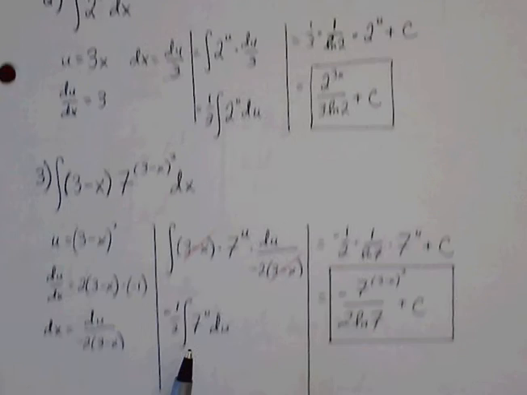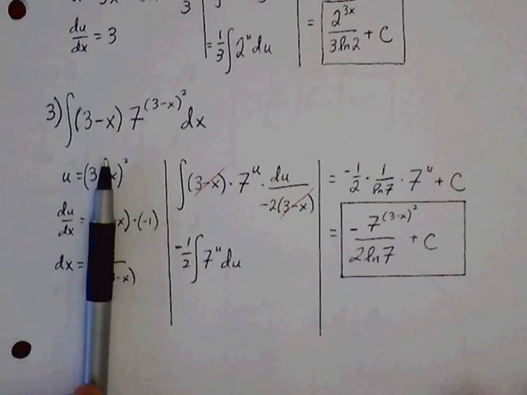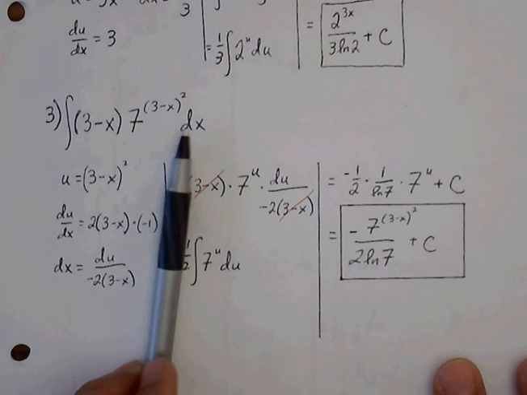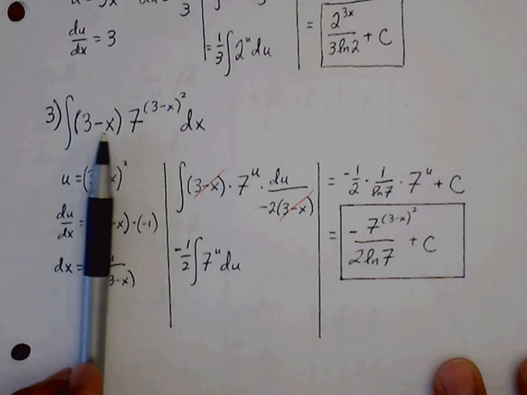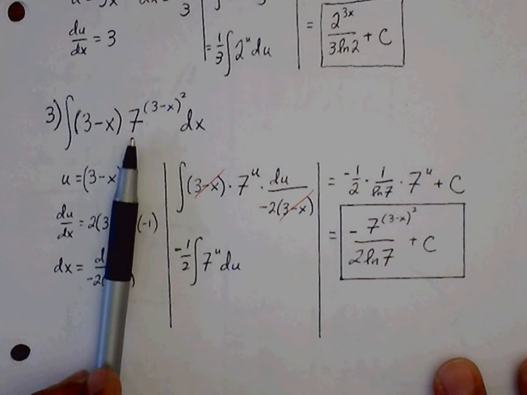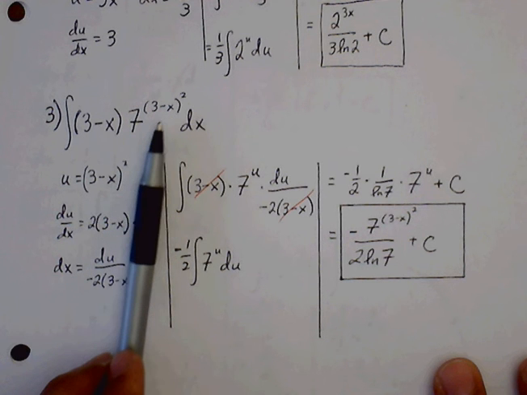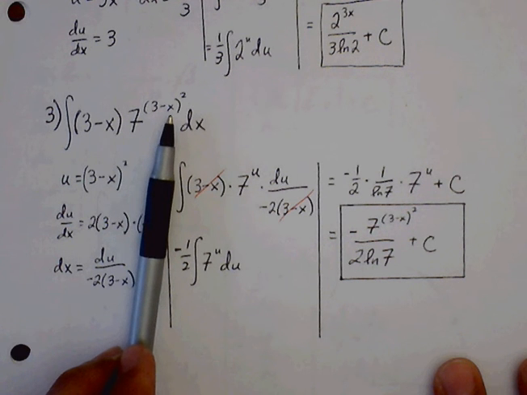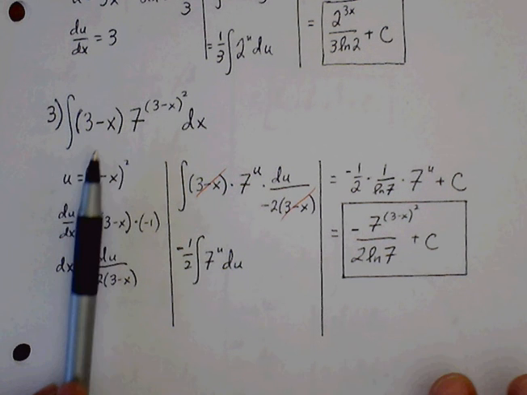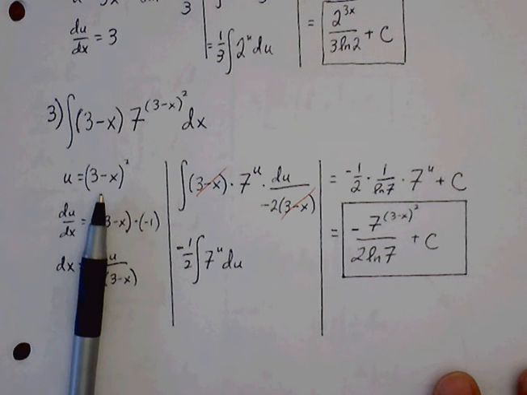All right, number 3, the integral of 3 minus x times 7 to the quantity 3 minus x squared. If you look at this, hopefully you can see that this is in the form of base a raised to the u. If we let this exponent be the u value, then hopefully we can cancel out this remaining 3 minus x. So our u value is 3 minus x quantity squared.